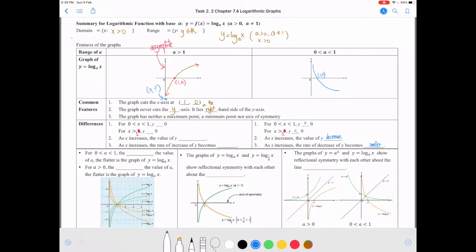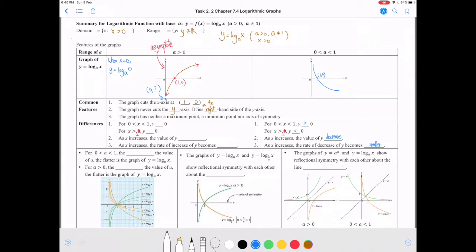If we can find the y-coordinate, then there is indeed a point there. So let's try. Suppose when x is 0, then y equals log base a of 0.